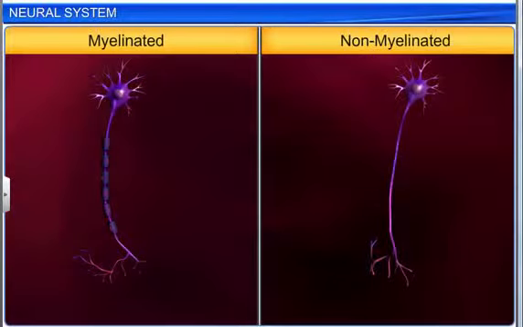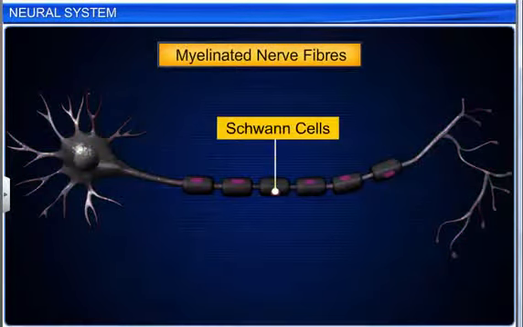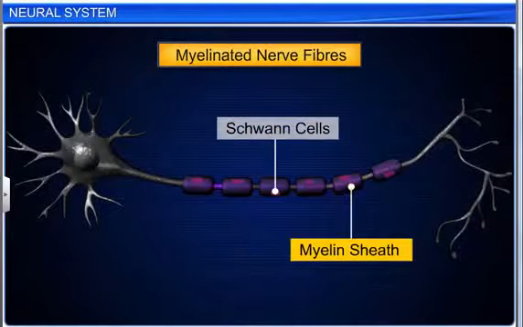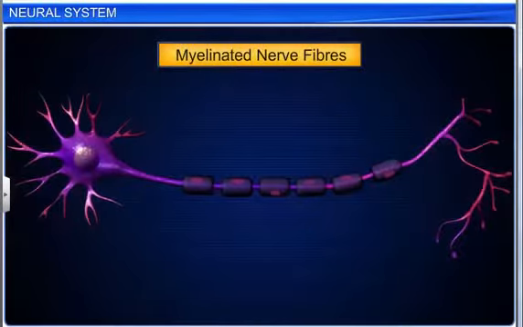Axons are of two types, myelinated and non-myelinated. Myelinated nerve fibers are enclosed by Schwann cells, which form a myelin sheath around the axon. The gaps between two adjacent myelin sheaths are called the nodes of Ranvier.